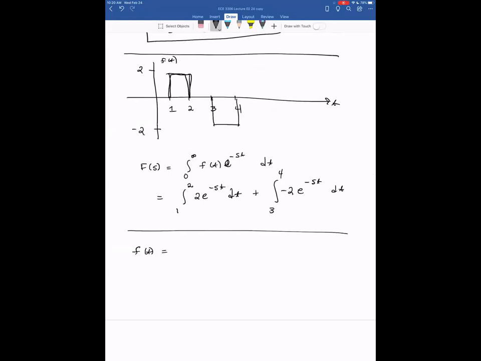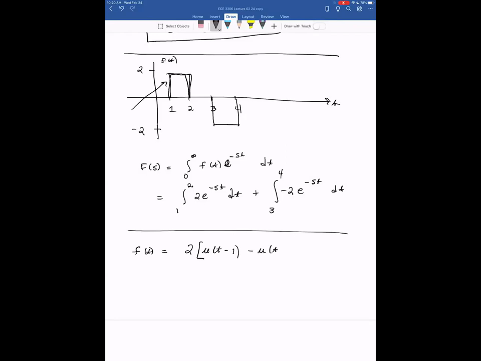So the first thing I have is the function's going from 0 to 2. So it's going to be 2 u of t, and sorry, let me time shift that, u of t minus 1. So that represents this leading edge right here. And that's going to turn the signal on, and I'll get an output of 2 until I get to t equal 2, and then at t equal 2 I go back to 0.